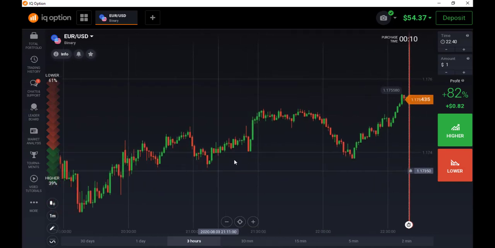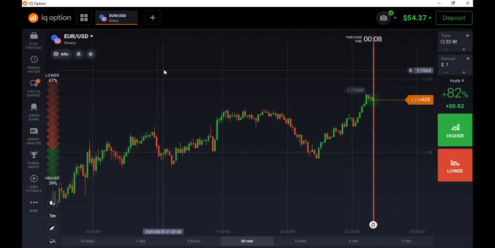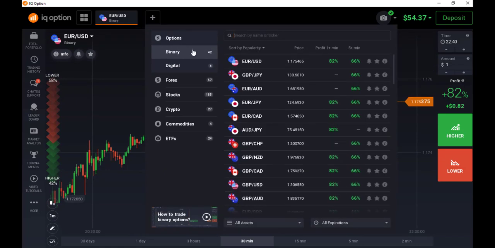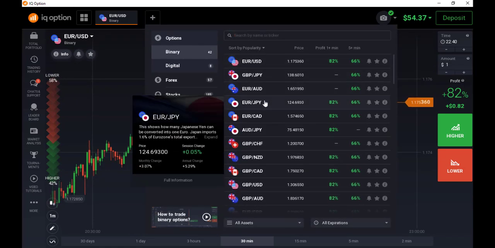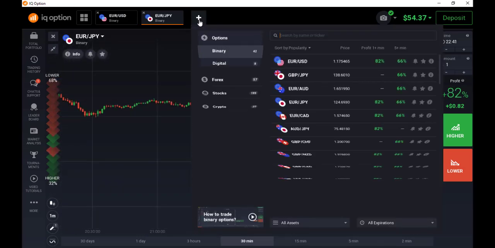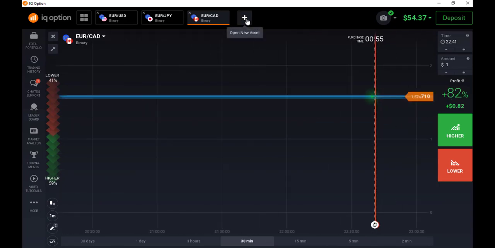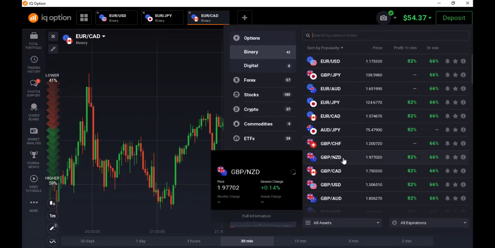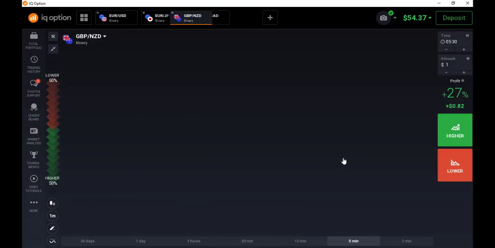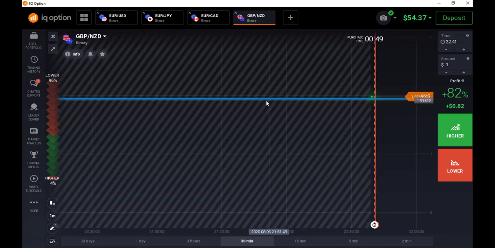And here I have opened up Euro USD, and let me open up a few more pairs, Euro JPY, and also Euro CAD. Yes, GBP New Zealand dollars.